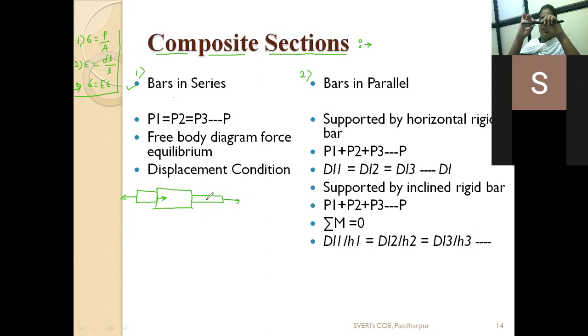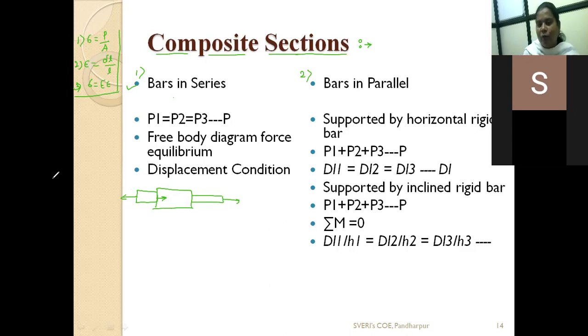Suppose I have taken a third member, and this third member is connected to the second end. So this connection is called bars in series. When members are connected end to end, this is called bars in series. This is the first condition.